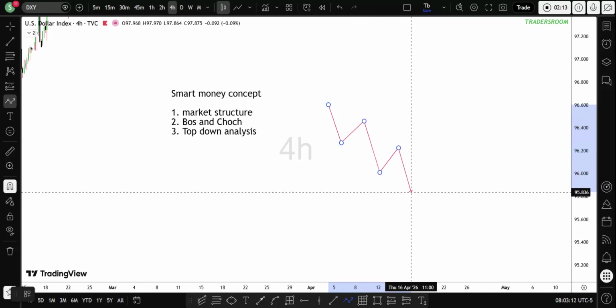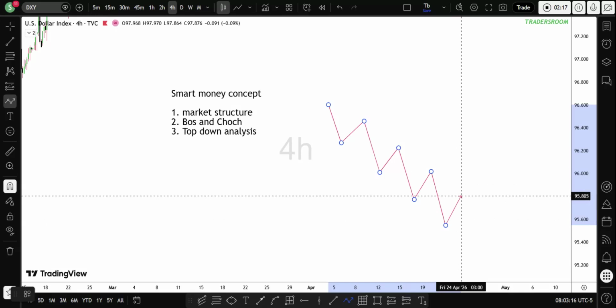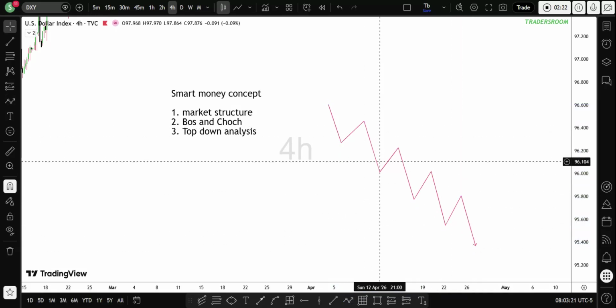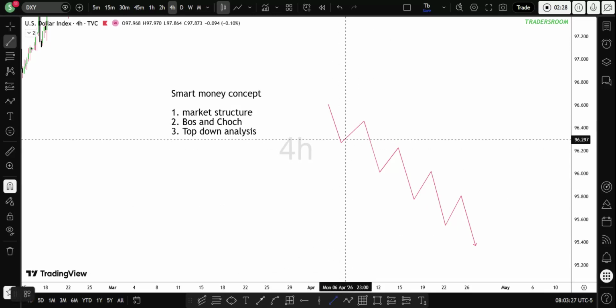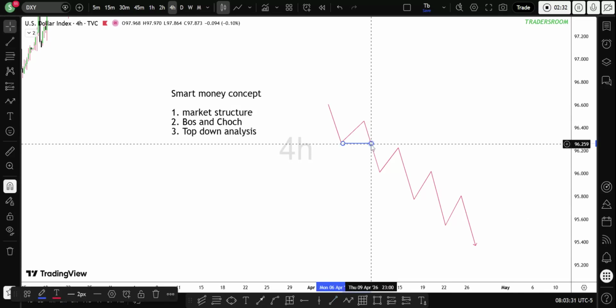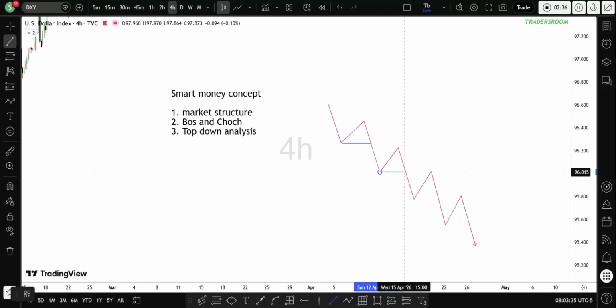I think this was discussed in our previous class. So this is what we call market structure. When price is breaking lows and respecting highs, it is called a break of structure, bearish trend.